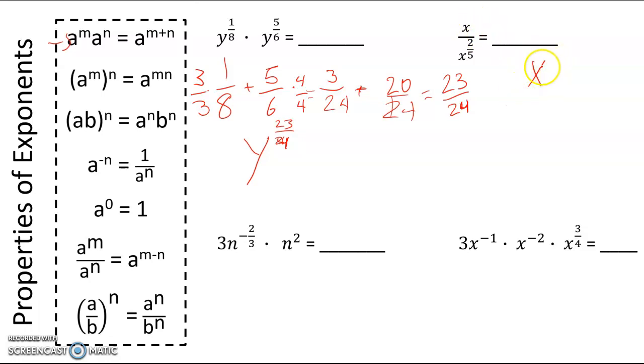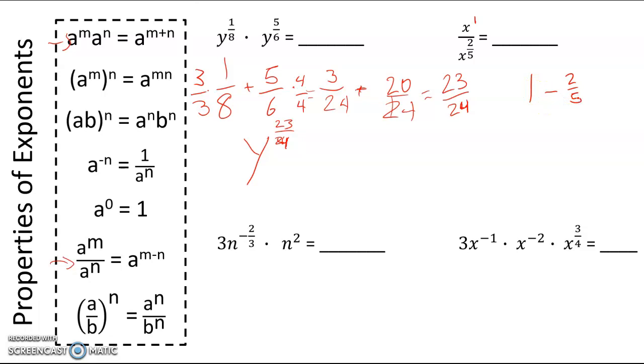Okay? Now let's work out this one, x over x to the 2/5 power. Remember, no exponent here is essentially the exponent 1, and this is basically the opposite. This is this rule right here. We have to take these exponents and subtract them. So I'm going to do a little erasing here. I'm going to do 1 minus 2/5, all right?